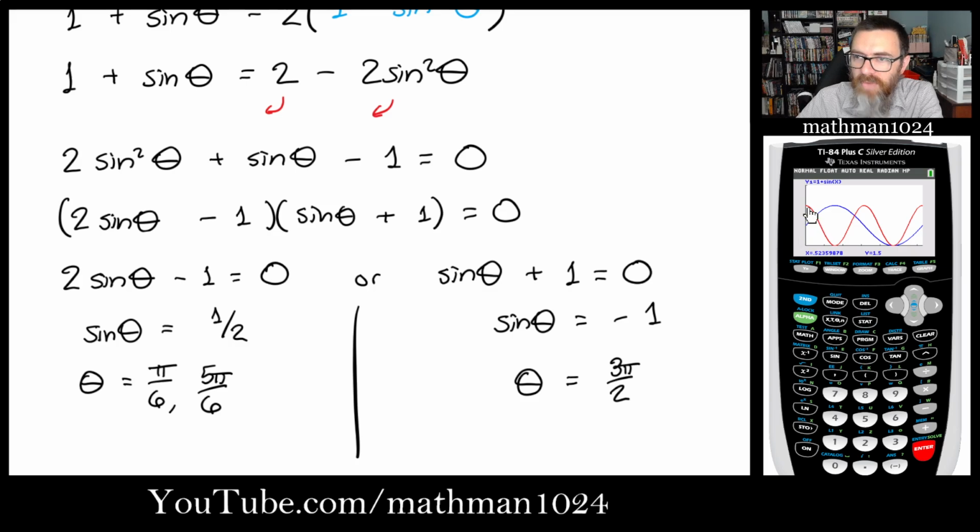And it gives me 1.5. And you see it's right there at the intersection of the red and the blue. If we type in 5 pi divided by 6. There you go. And then finally we have 3 pi divided by 2. And there we go. Got everything that we wanted, checked out everything, and now we're good.